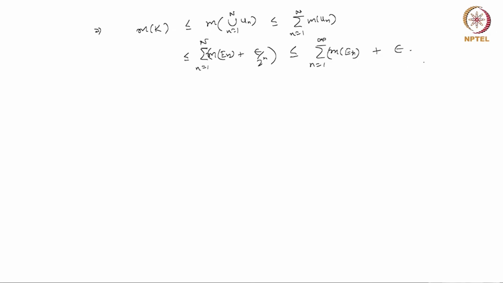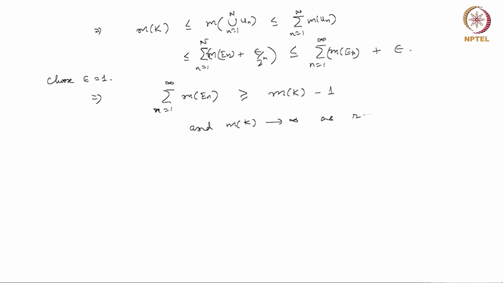So epsilon is a fixed quantity, so it remains finite. So for example, one can choose epsilon to be 1, in which case this sum n equal to 1 to infinity of m(En) is greater than or equal to mK minus 1, and mK goes to infinity as r goes to infinity.